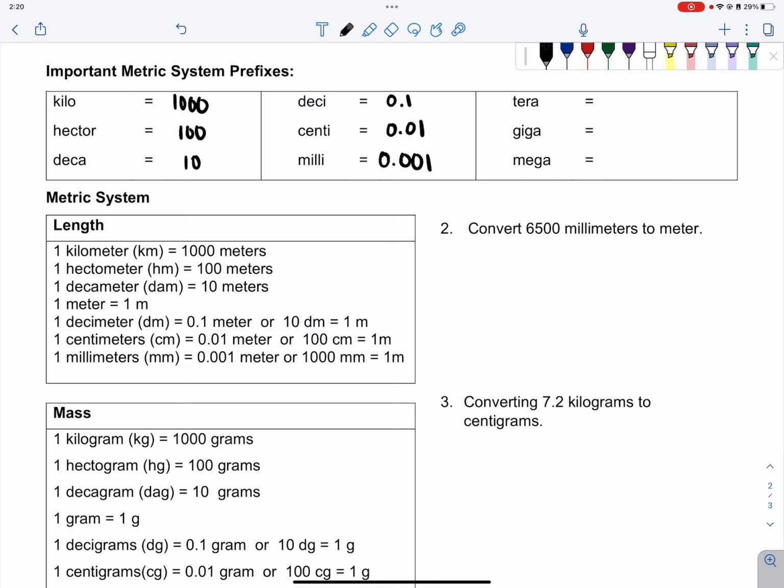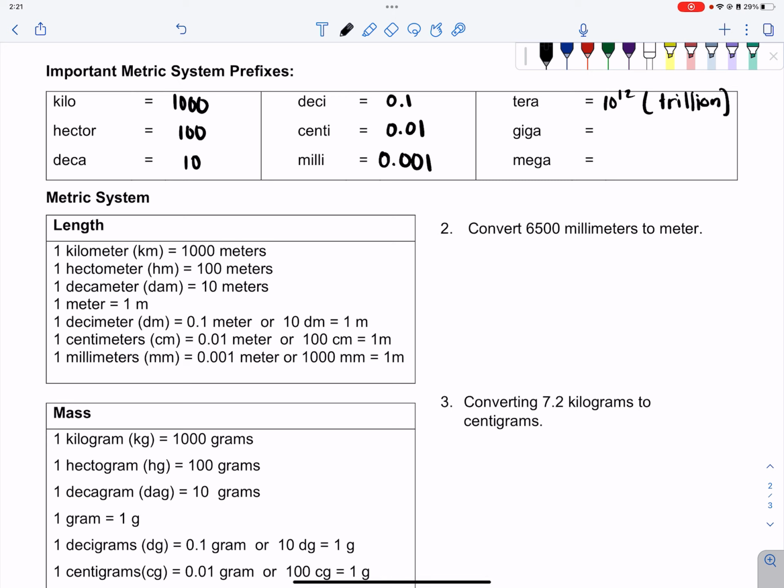And then the next ones that we have over here are very large number prefixes. The first one being tera, and this is 10 to the 12th power. Also, same sort of thing as trillion.